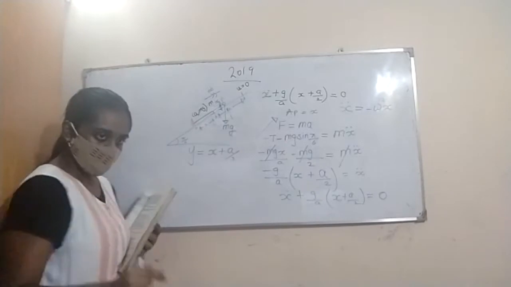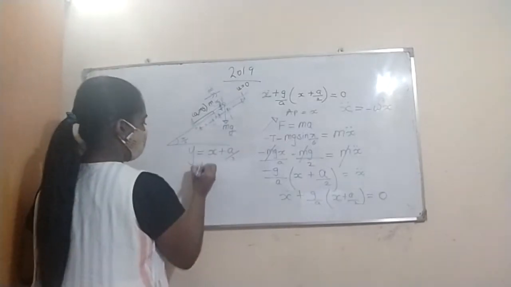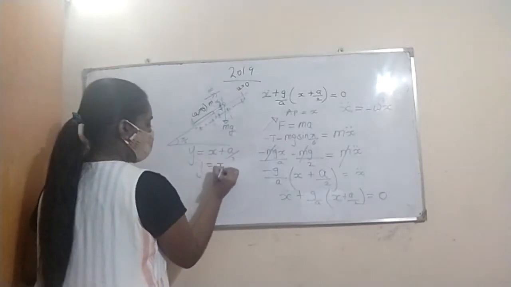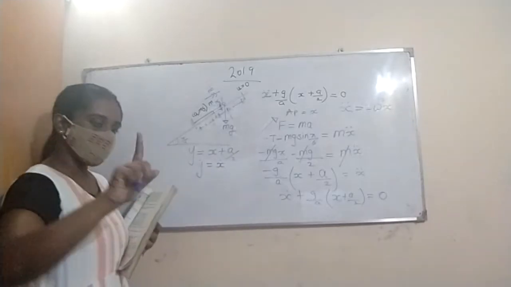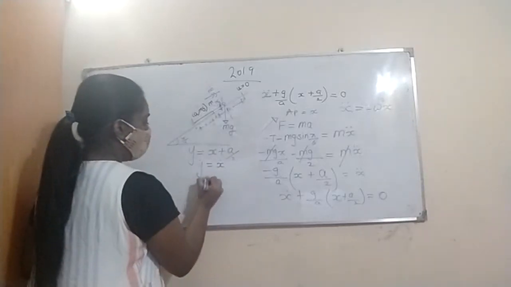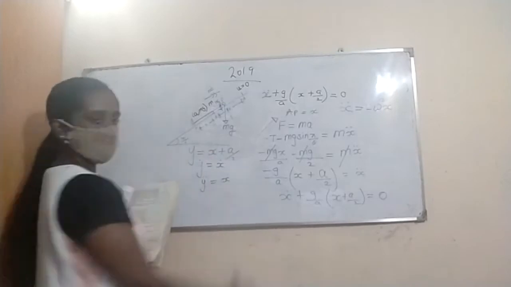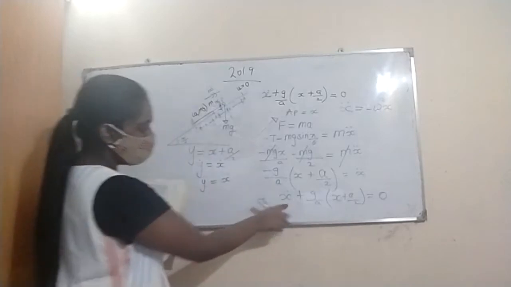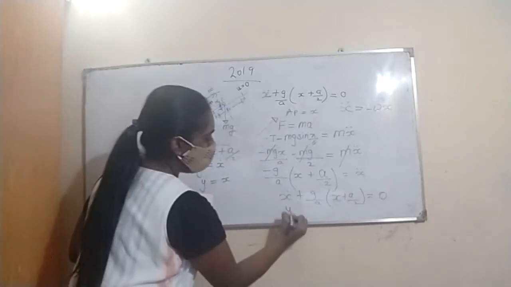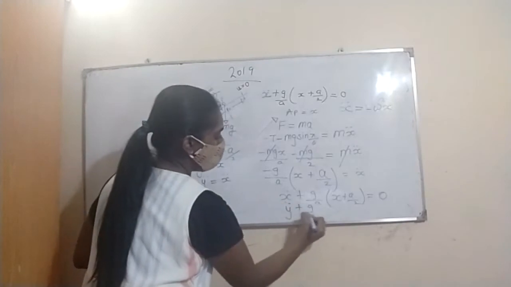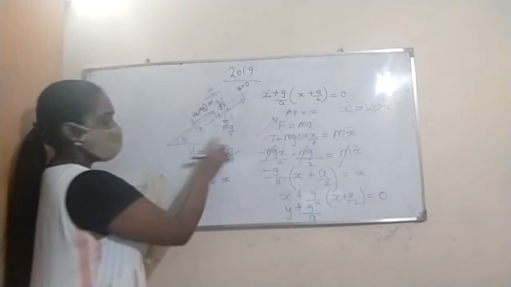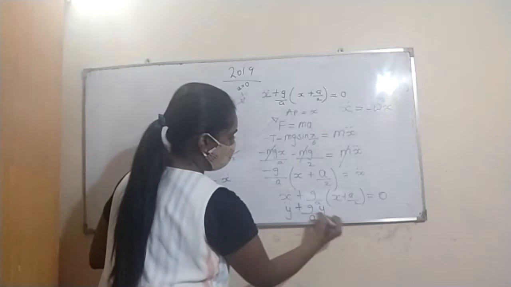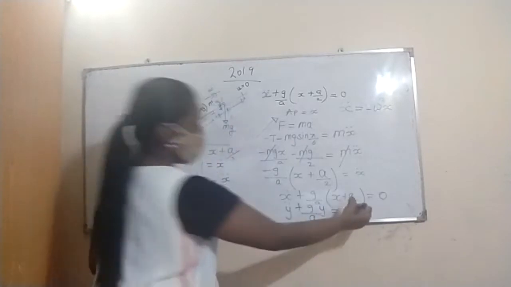So first I differentiate with respect to t, then y dot is equal to x dot. Again differentiate with respect to t, then y double dot is equal to x double dot. So in place of x double dot, what can I write? y double dot plus g over a into, instead of x plus a by 2, I can write y, that is equal to 0.